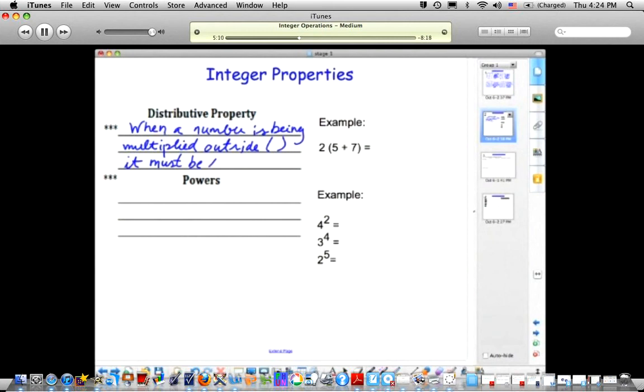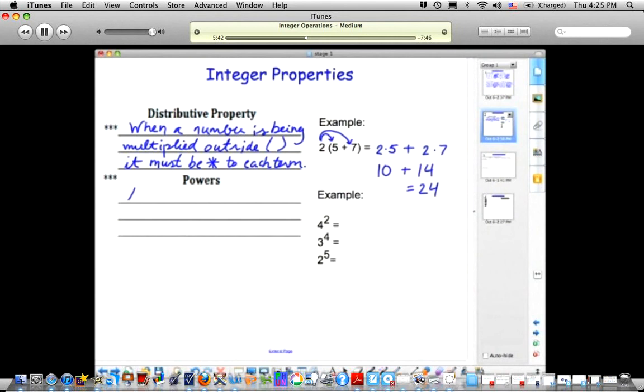And whenever this occurs, the distributive property tells us that the number on the outside must be multiplied to each term inside the parentheses. So I like to distribute my 2 or attach it to each term inside the parentheses so I remember what I'm doing. And when I rewrite the equation, I can write it as 2 times 5 plus 2 times 7. When I do the multiplication, I get 10 plus 14 is equal to 24.